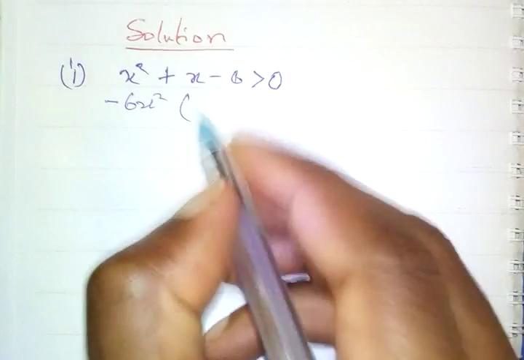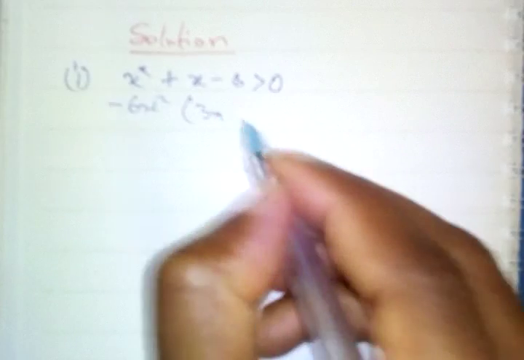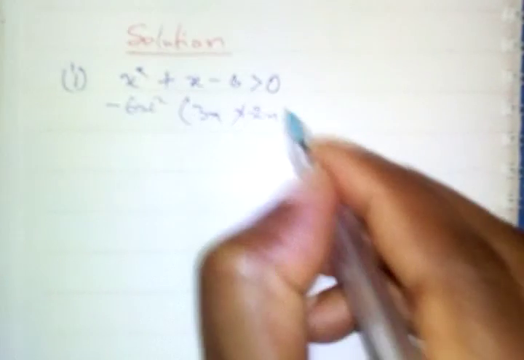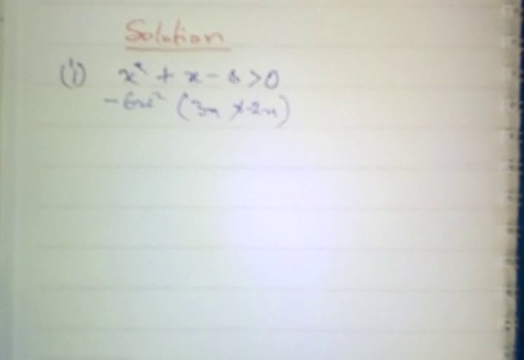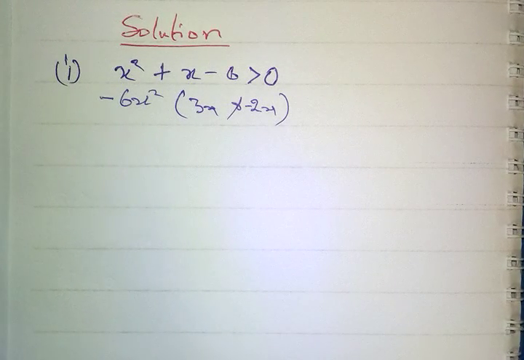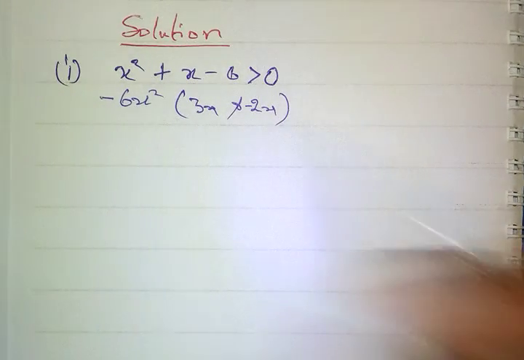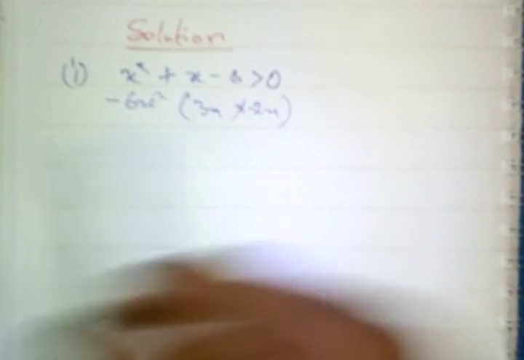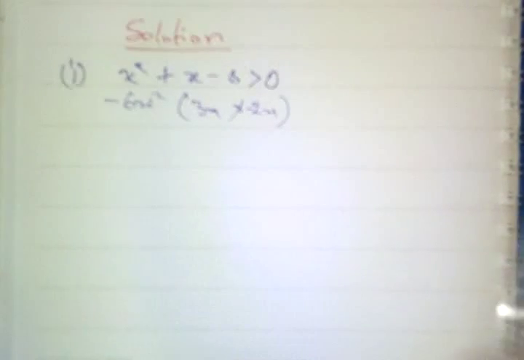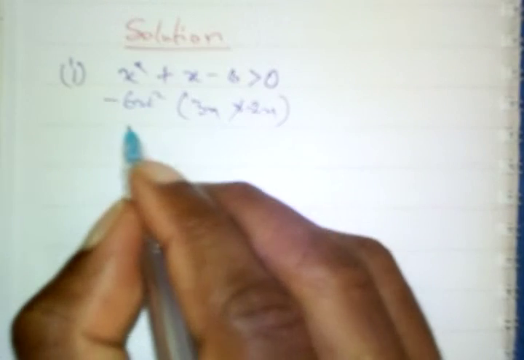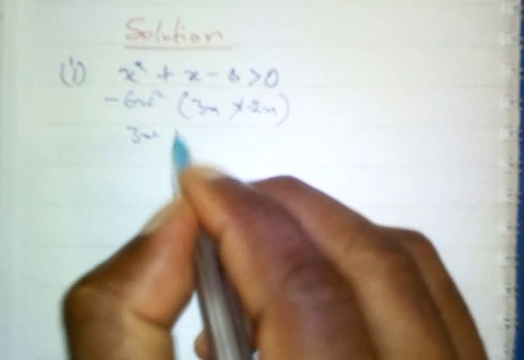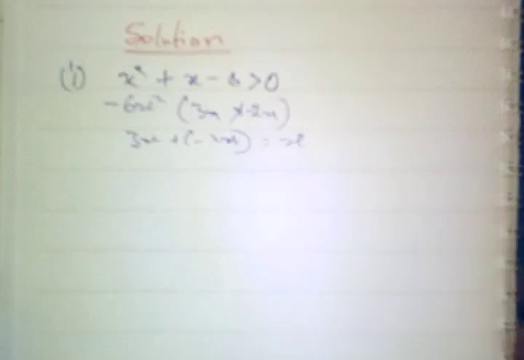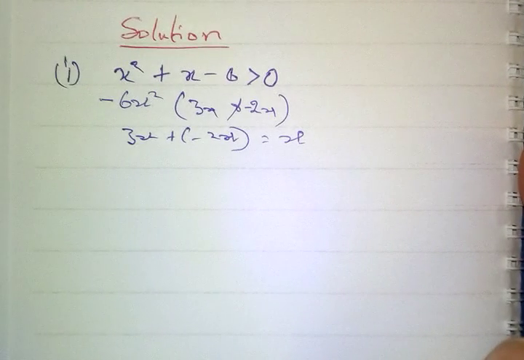So I'm considering 3x and negative 2x, such that 3x times negative 2x will give me negative 6x squared. And when I add them together, 3x plus negative 2x gives me x, which is the middle term that I'm looking for.